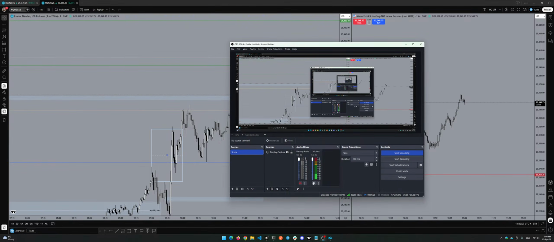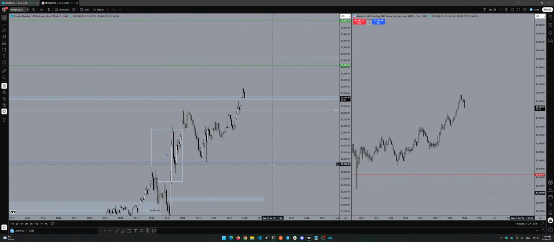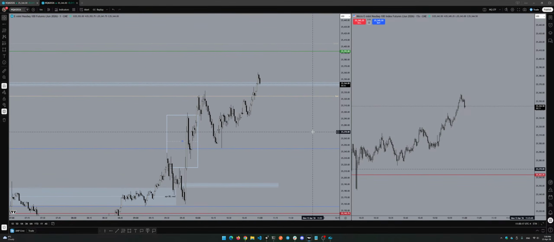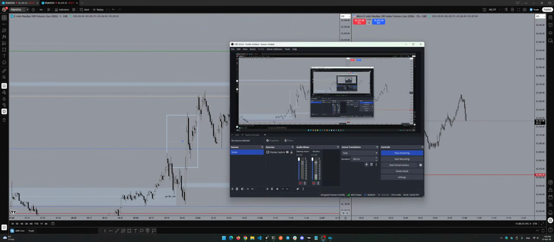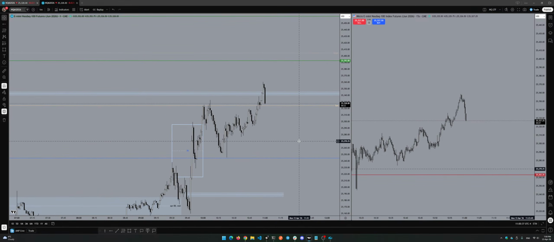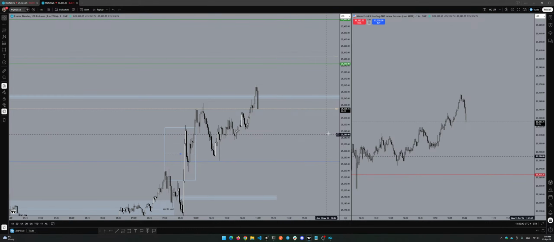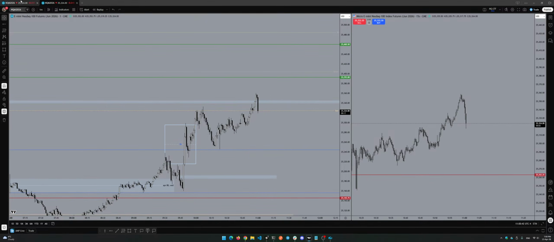One moment. Come back. Low of the new day opening gap.